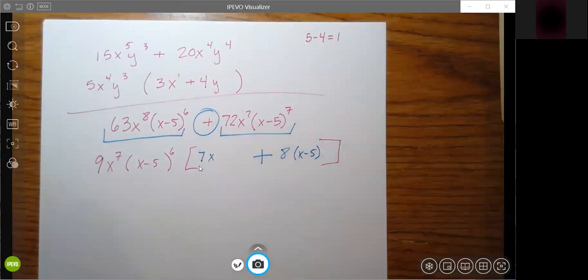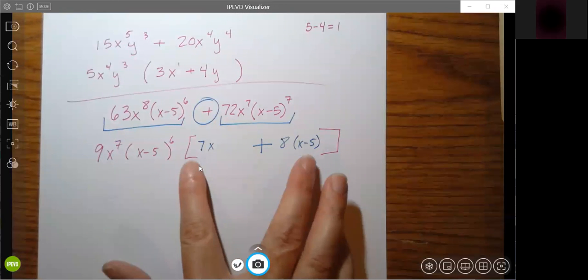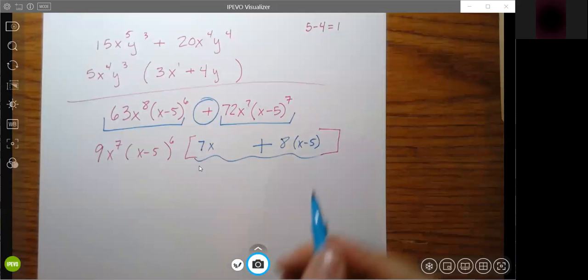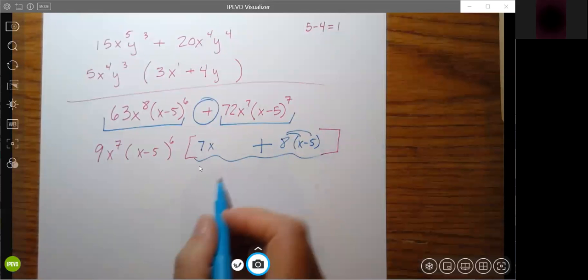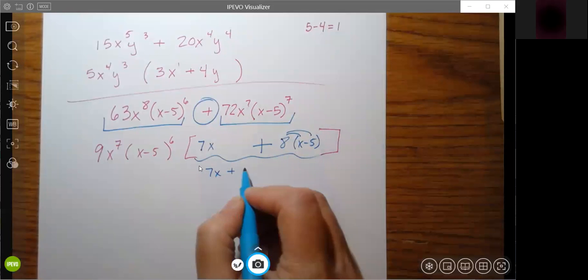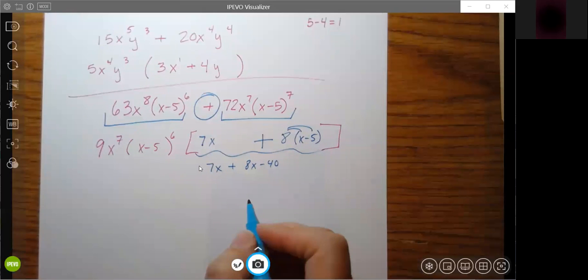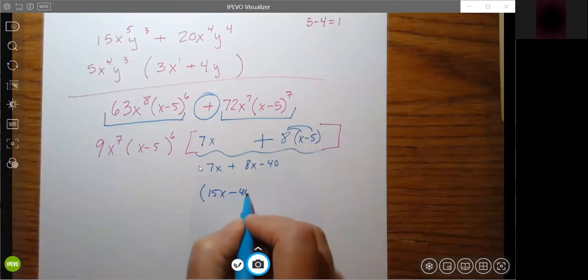We would not be done with the algebra of this until this leftover factor is simplified, which means distributing that and then combining any like terms. So 8x and minus 40, I think, makes that factor simplify to 15x minus 40.